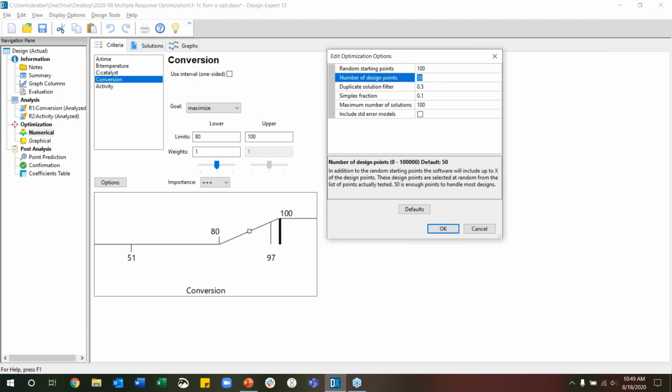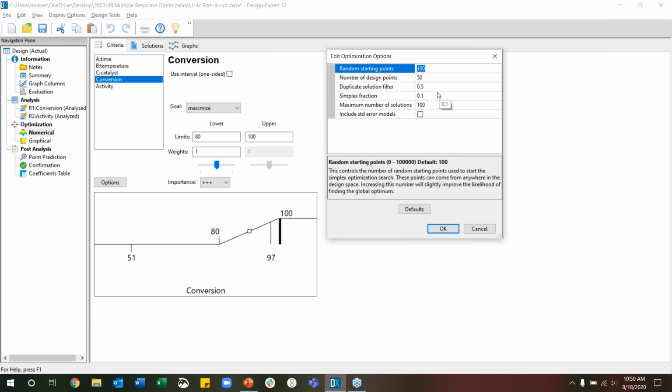And this is the maximum number of design points that are used. The specific points you cannot edit. All you can edit is the number of points that are used.